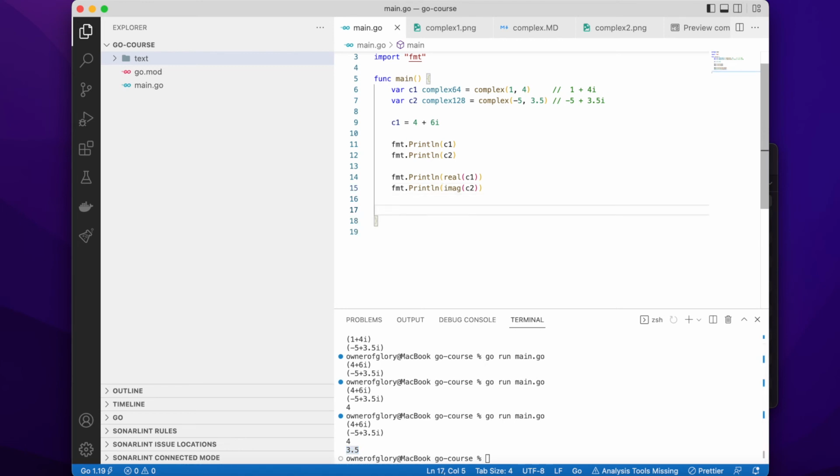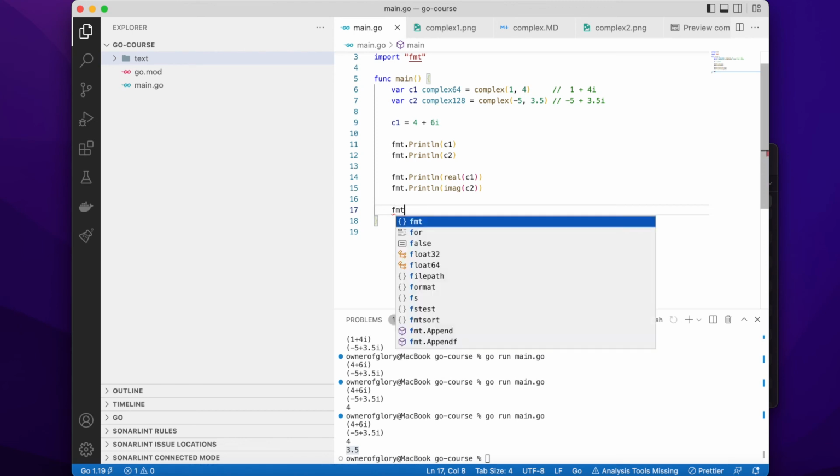And with those complex numbers, we can do any arithmetic operations like addition, subtraction, multiplication, division, because from the math point of view, those numbers are just vectors, and you can add vectors, subtract vectors, multiply them, and divide them, no problem.